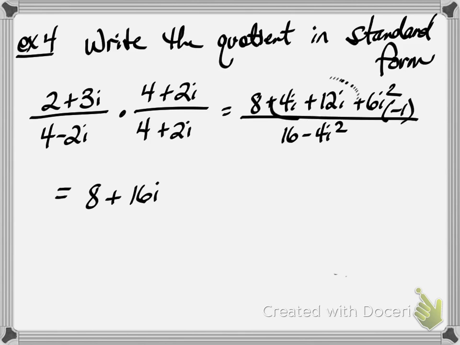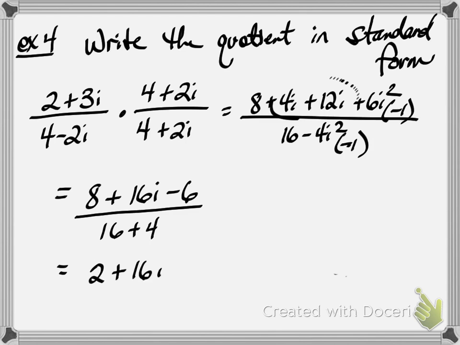And 6 times the negative 1 is minus 6, over 16. Negative 4 times the negative 1 is plus 4. So 8 and negative 6 gives us (2 plus 16i) over 20.